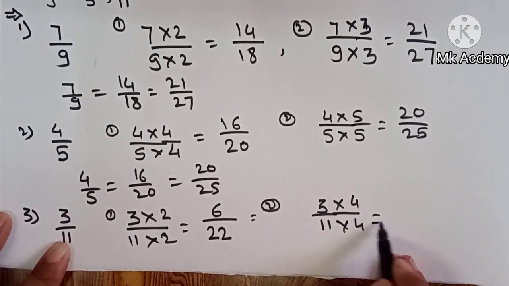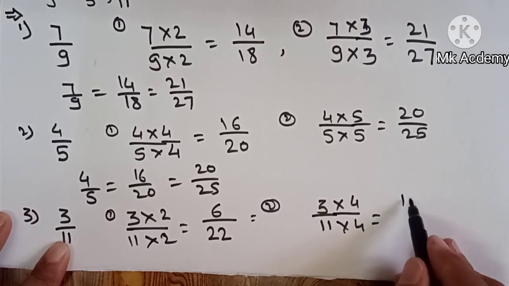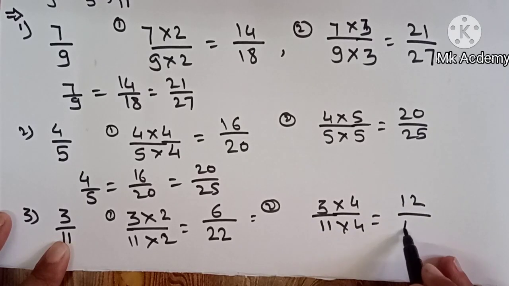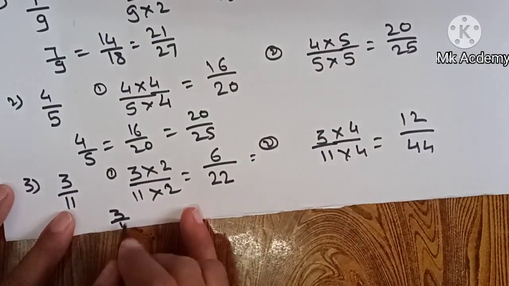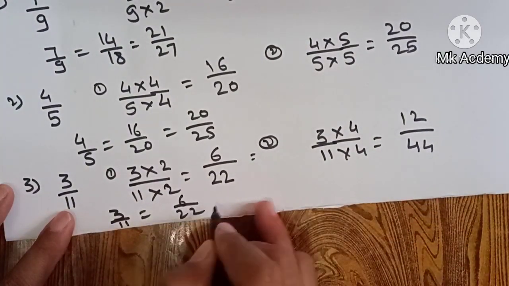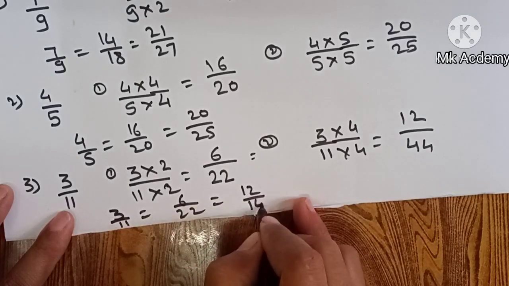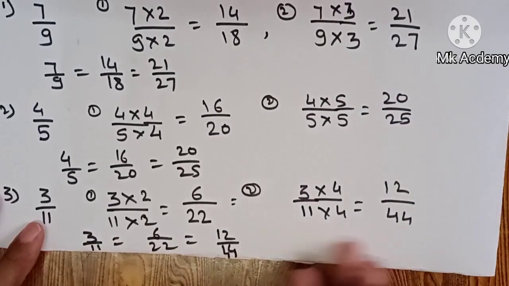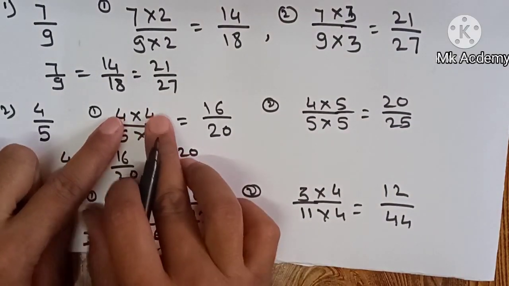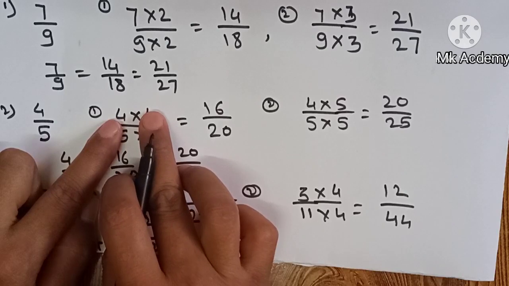Then we get 3 4s are 12, 11 4s are 44. This means the equivalent fractions of 3/11 are 6/22 and 12/44. We can take any number to multiply, but the numerator and denominator are multiplied by the same number.